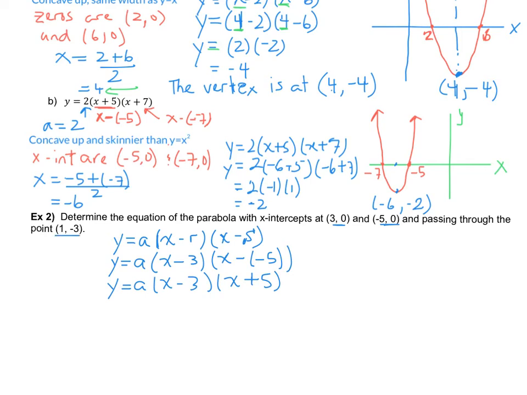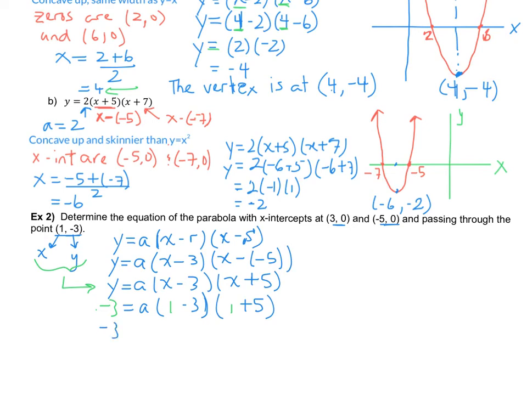We have this point 1, negative 3. The 1 is the x, and the negative 3 is the y. So we're going to take that point, and we're going to sub that into this equation that we have right here. So this is going to go into here, and we're going to be able to solve that then for the letter a. Okay, so I've subbed the value of negative 3 where the y is and the 1 where the x is.